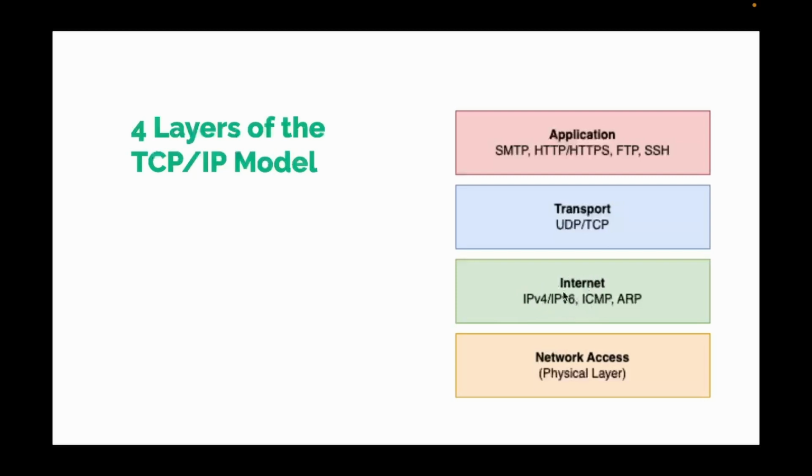Then once the IP helps us locate the exact machine, or reach the destination, the network access or physical layer is also involved. All this data that we discussed will be in the form of bits. This is digital data in the form of packets, but what will happen on the physical devices, maybe your network card, your Wi-Fi card, how they will manage.